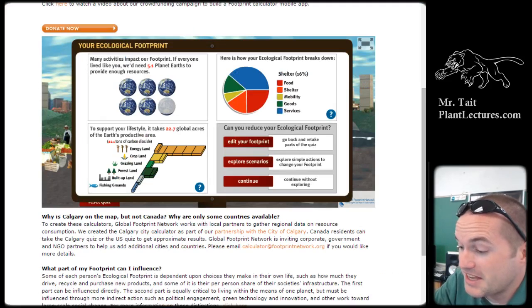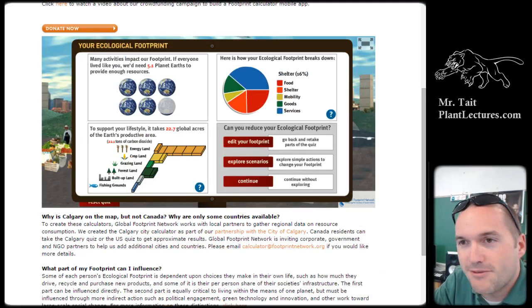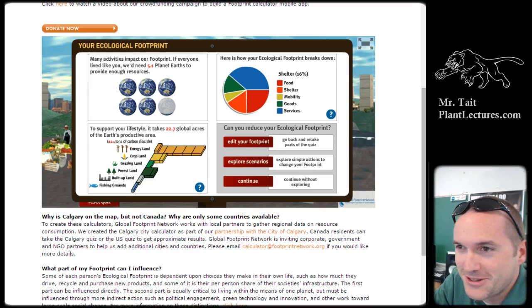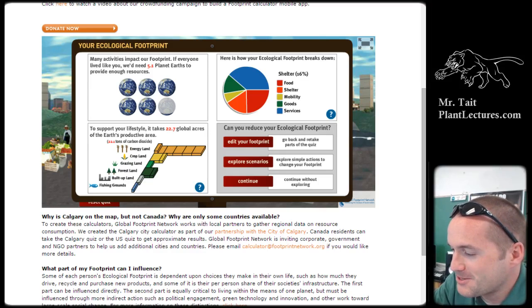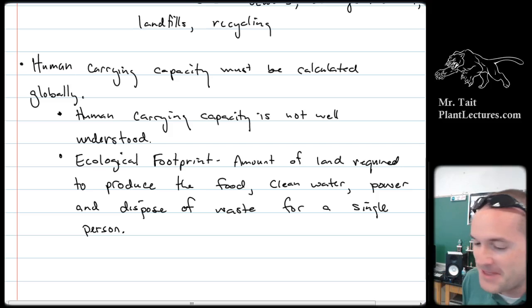And the crazy thing is that is less than the average American. The average American is around 26 global acres per person. So I guess the good part is that other countries don't take up nearly as many resources as us, so that's good, right?